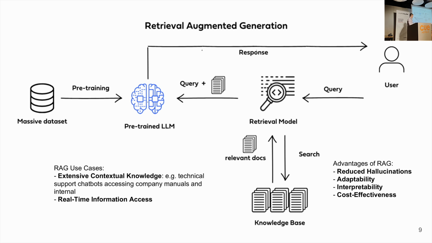We have some knowledge base, and we want to store it in a vector database. Let's say that we have some documents, some text, and we want to store this in a database. How can we do that? We can run some LLM, transform the text into vectors, and store them in a vector database.